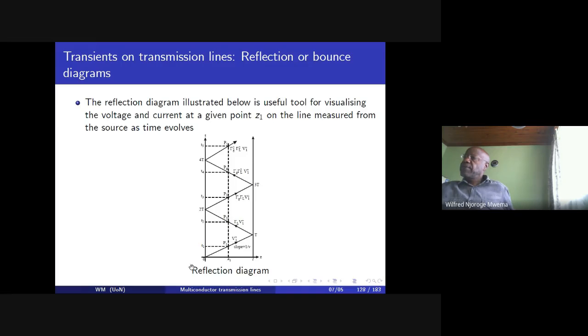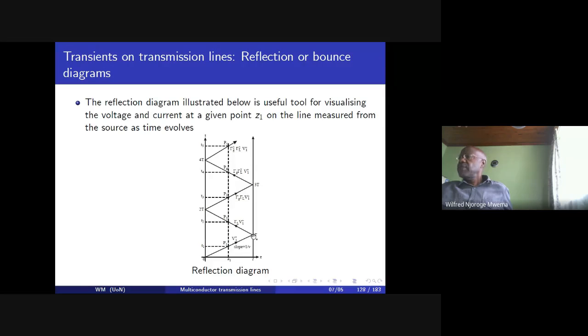We know that for a lossless line, the phase velocity on the line is constant, and therefore at time t equal to 0, when we switch it on, we'll have an incident wave that will go towards the load and arrive at the load at a time t, which is given by L over V, where the slope of that line is just V.